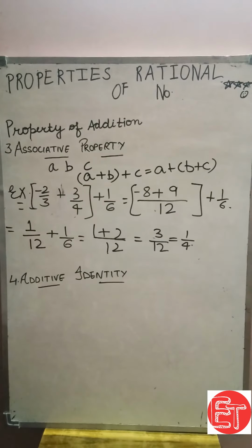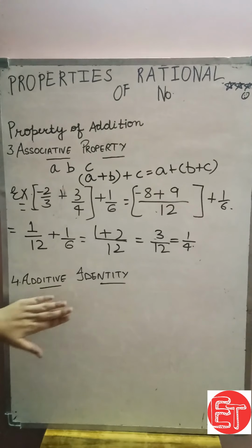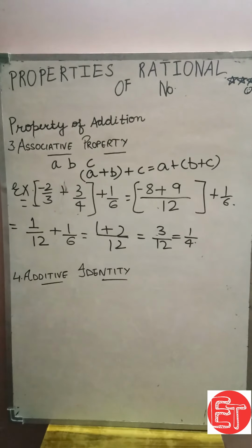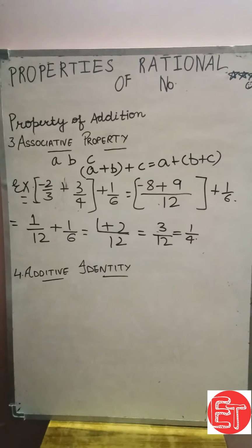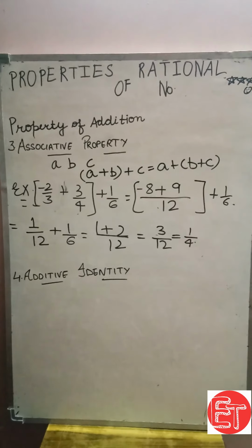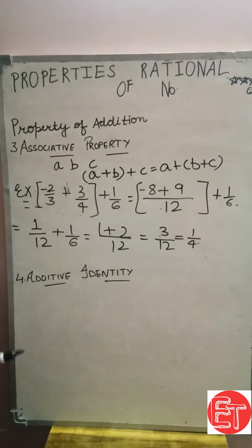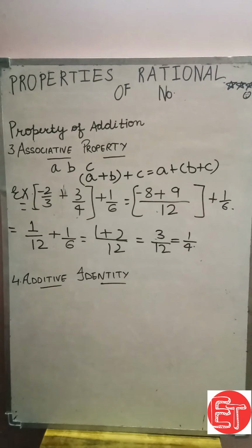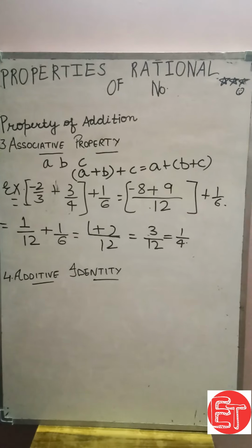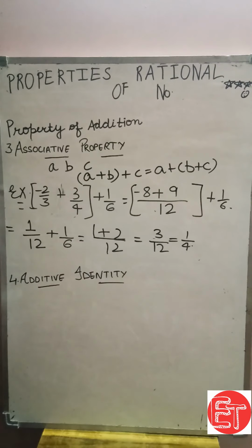Okay. So now we are going to study our fourth property, that is additive identity. We all have observed when 0 is added to a whole number, it's again that whole number. Why is it so? This happens for integers and rational numbers.